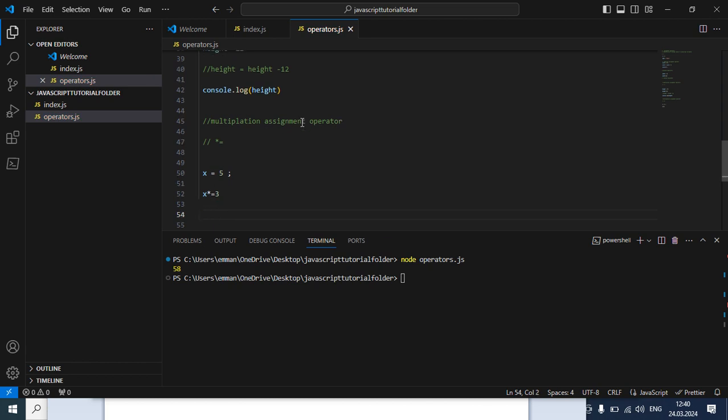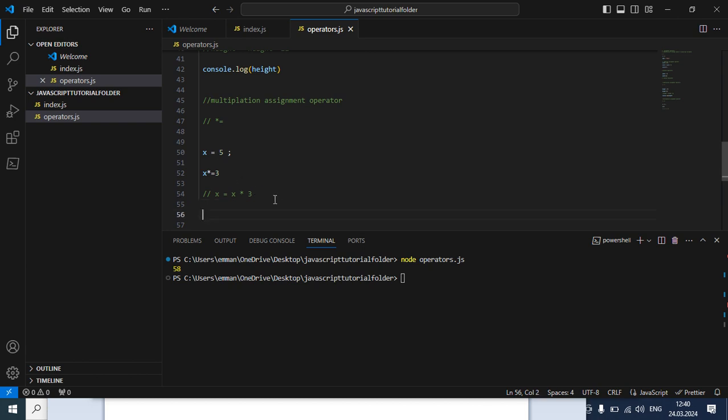So what it does is it takes the present value of x and times it by 3. So the current value of x is going to be 5 times 3.